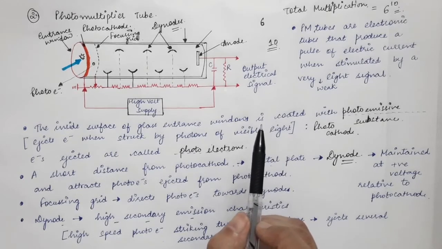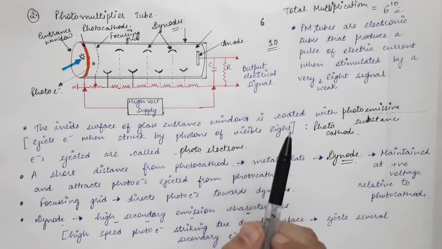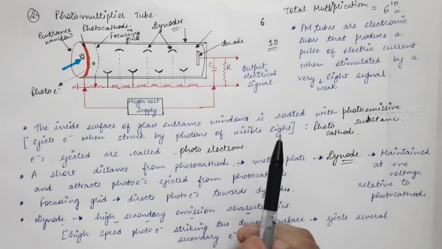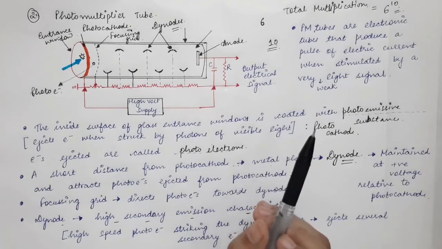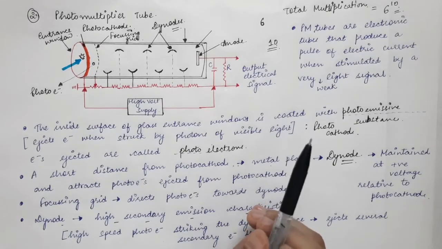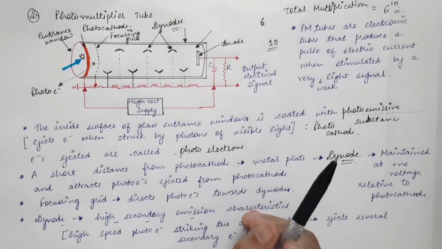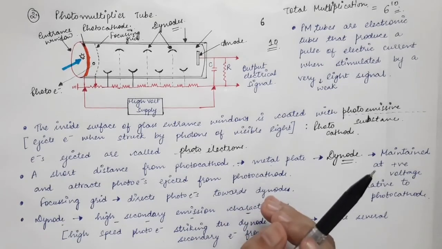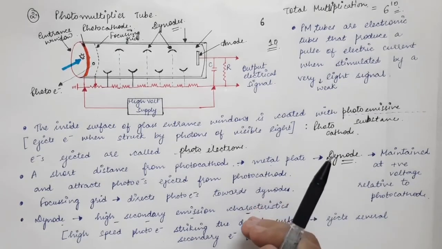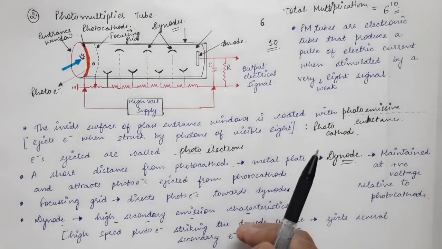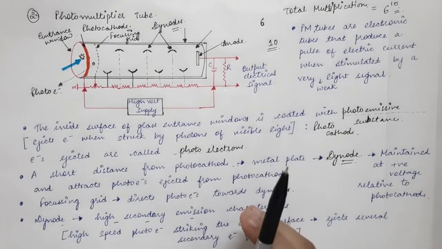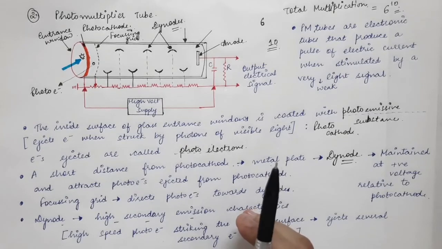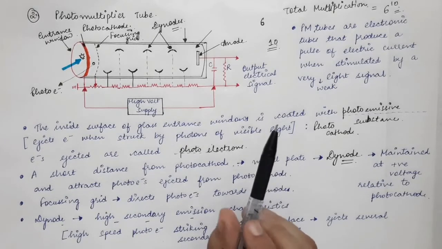Whereas in the case of proportional counter, the height of the pulse depends upon the primary ionizations, or you can say the energy deposited. More energy deposited gives more pulse height in the proportional counter.